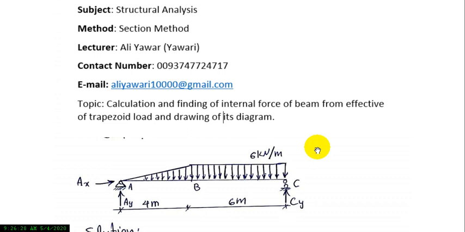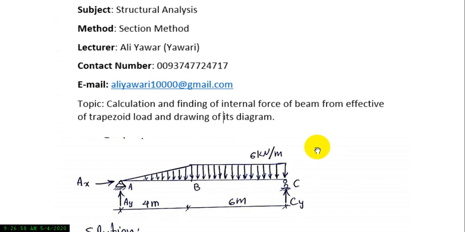As you know, we have different methods for calculating internal force. In this lecture I want to explain the section method and calculate the internal force by it. First of all, I want to find the reactions of this beam.